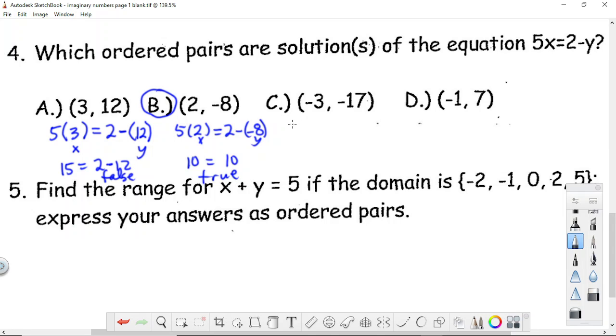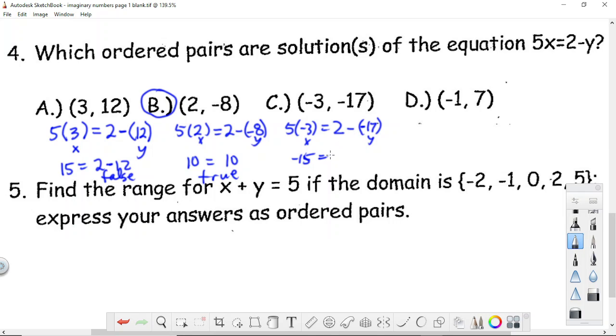Okay, let's look at the next one. 5 times x, that's 5 times -3, right? Equals 2 minus y. That is, this time, -17. Okay, so 5 times x equals 2 minus y. And so that's -15 equals 2 minus -17.